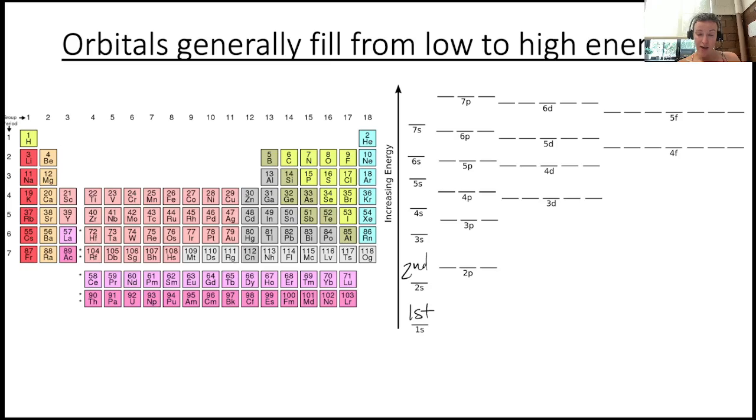Then the next highest energy is not 3s, but 2p. You can see how 2p is lower energy than 3s, so it would be filled third. And on, folks. 3s would be fourth, 3p would be fifth.